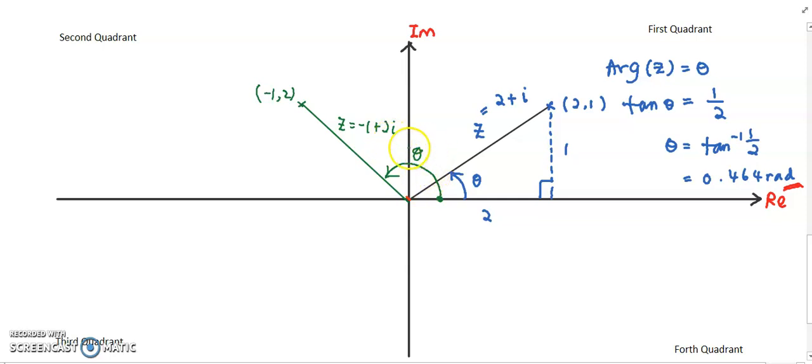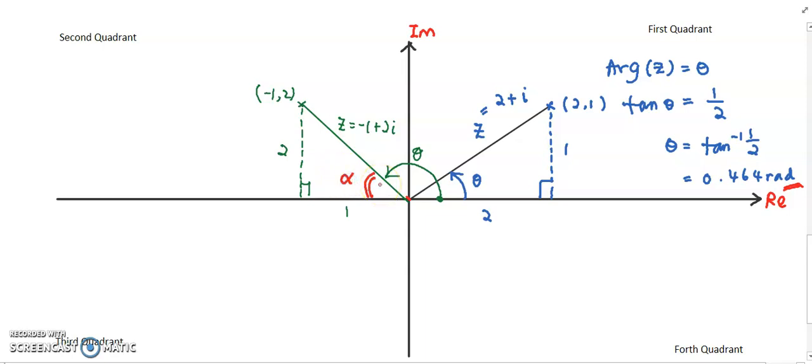How are we going to find the theta? We are going to see this as a right angle triangle, where the height of the right angle triangle is 2 units, and the base is 1 unit. To get the theta, I would like to use the concept of the tangent first to get the alpha.